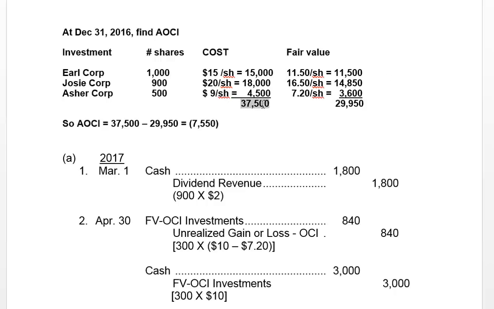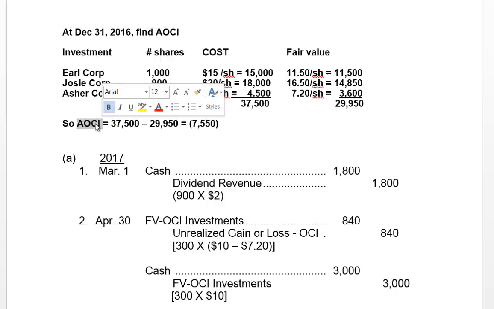So when we compare the original cost, which was the cost at the date those shares were purchased, to the fair value at the end of 2016, we see that in our AOCI account, we have a debit balance of $7,550.